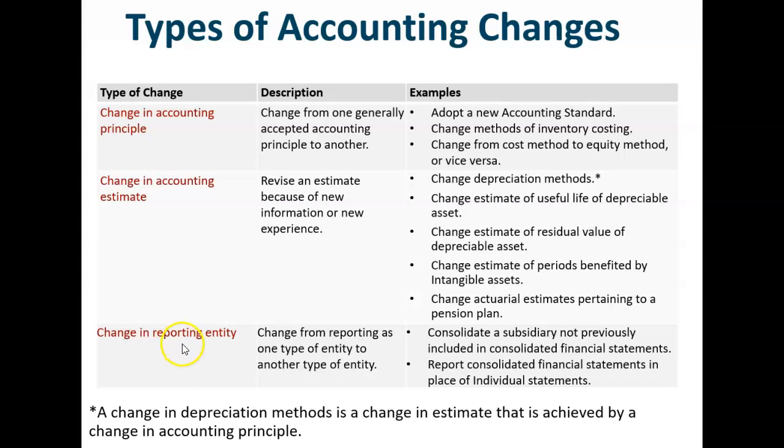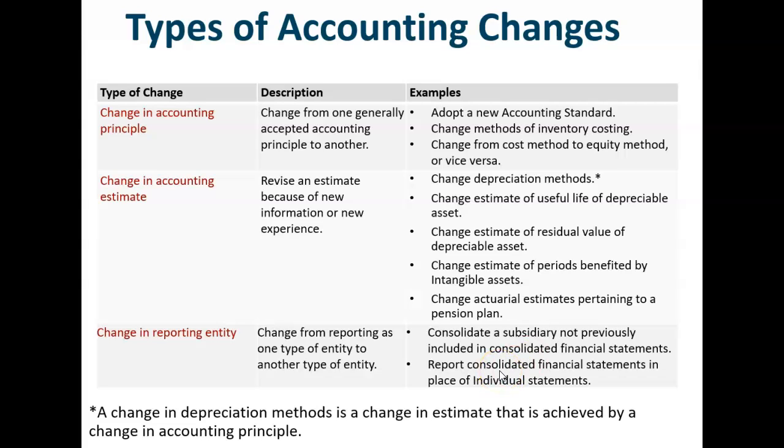A change in reporting entity happens when we change from reporting as one type of entity to another type of entity. And examples usually include some method of consolidation. Perhaps we have a subsidiary that we are going to consolidate in the current year's financial statements that were not previously included in consolidated financial statements of prior years.